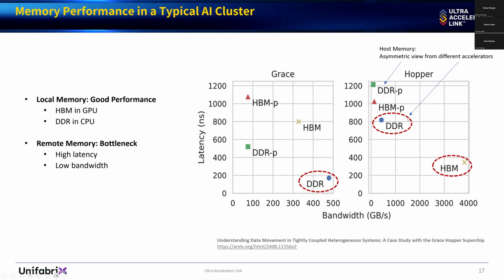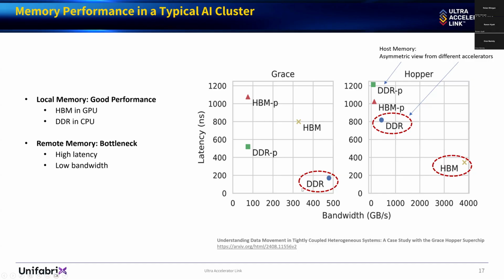This is one example of what I mentioned, that there is an asymmetric view from different accelerators. You could see that one GPU, when it accesses the local DDR of its adjacent host, gets one performance. When it tries to access another DDR on another host through the scale-up domain, the performance looks completely different.